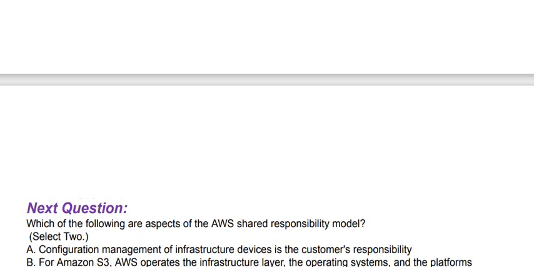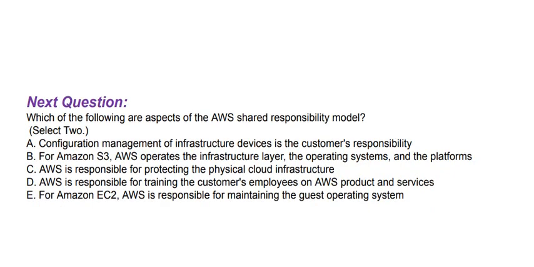Next question is, which of the following are aspects of the AWS Shared Responsibility Model? Select two options. Option A. Configuration management of infrastructure devices is the customer's responsibility. Option B. For Amazon S3, AWS operates the infrastructure layer, the operating systems, and the platforms.